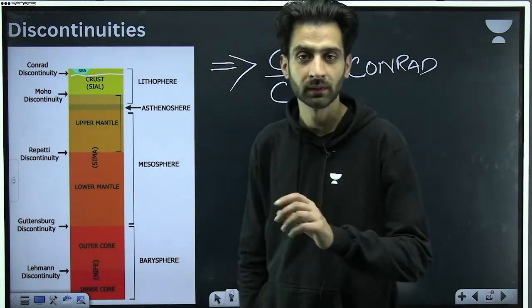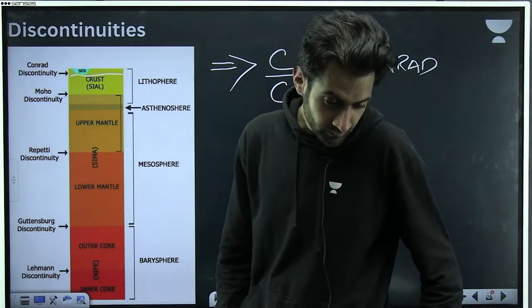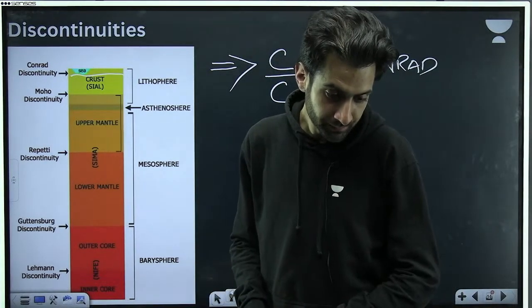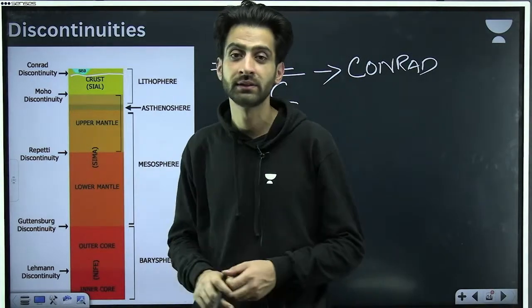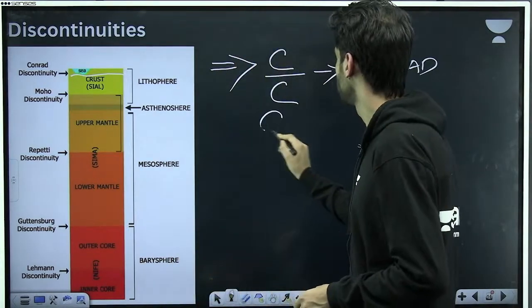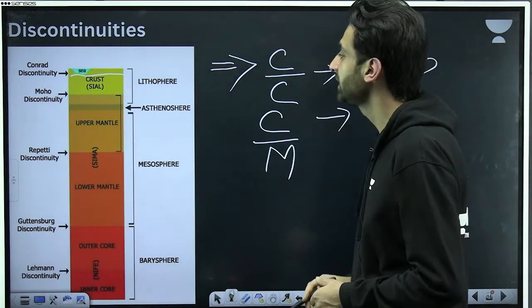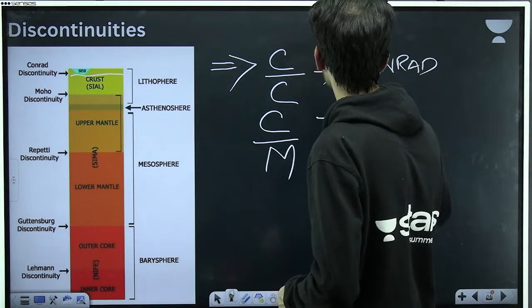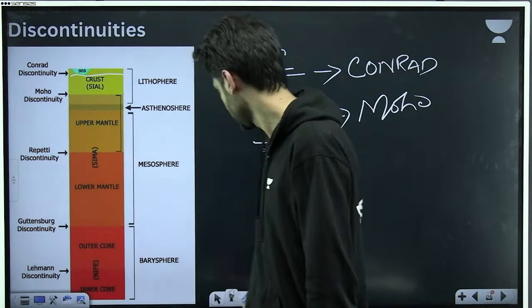Is it clear how the discontinuities work? No questions up until now? Okay. Next, there is the crust and the mantle. The discontinuity present there is called the Mohr discontinuity. Is it clear?